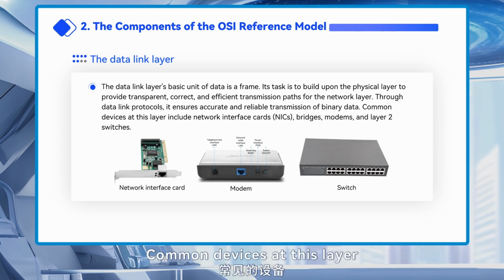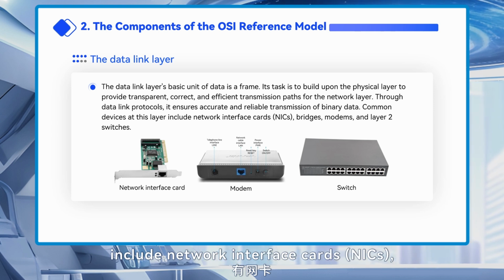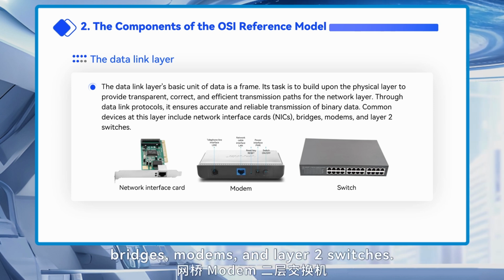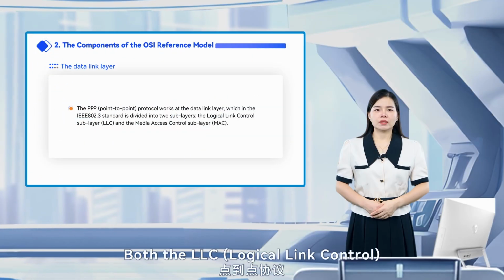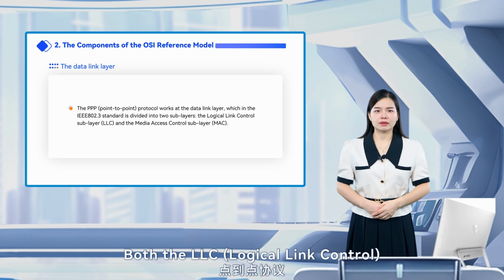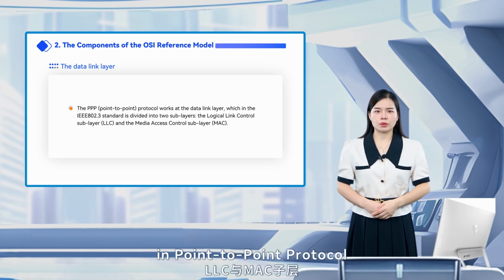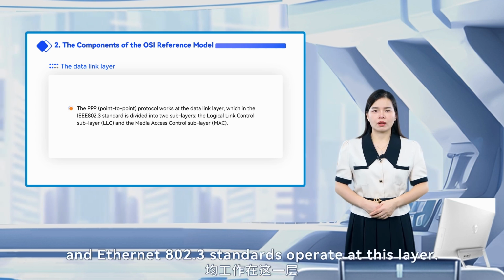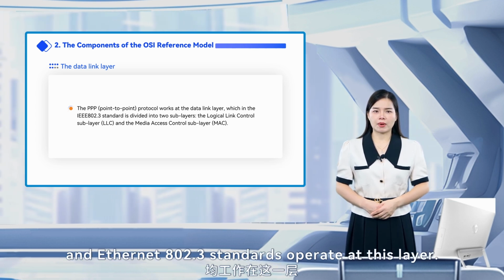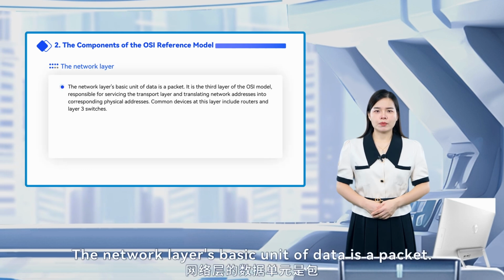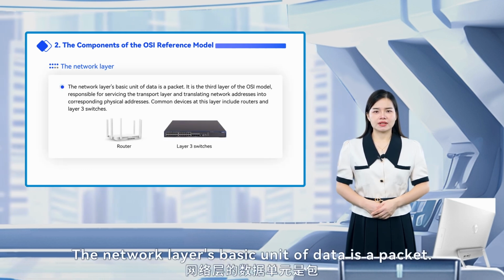Common devices at this layer include network interface cards, NICs, bridges, modems, and Layer 2 switches. Both the LLC, Logical Link Control, and MAC, Media Access Control, sublayers in point-to-point protocol and Ethernet 802.3 standards operate at this layer.